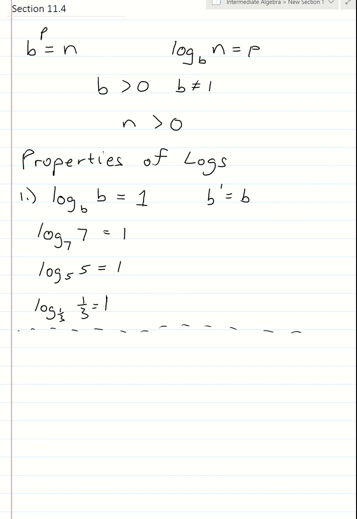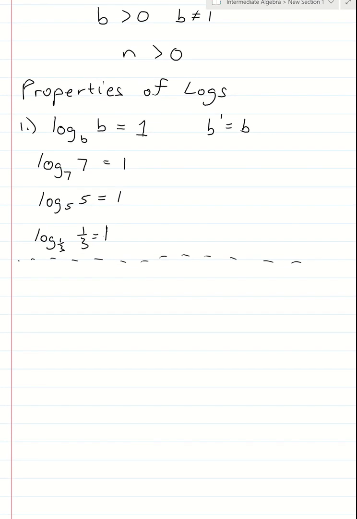A second property involving logarithms tells us that if we take the log, any base b of the number 1, that will always equal a particular number, and of course that number would be the number 0. So if I had, let's say, the log base 9 of 1, that would equal 0.